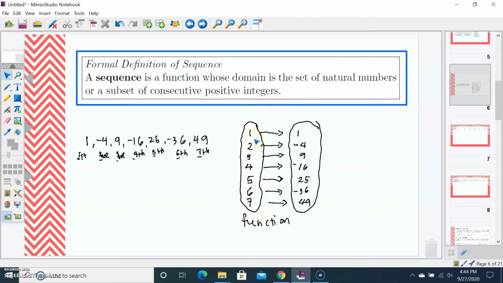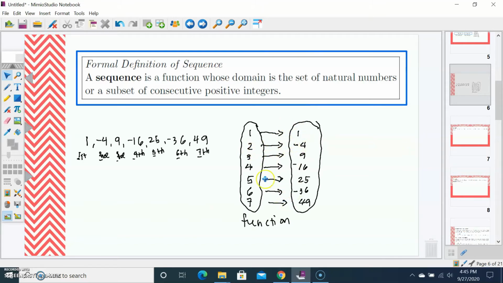Kasi, di ba, pwede nating isipin na syempre wala namang zero term. As we all know, lahat ng sequences nagsa-start with the first term. So, si 1, naka-associate siya kay 1 dito. Si 2, second term natin, naka-associate siya kay negative 4.